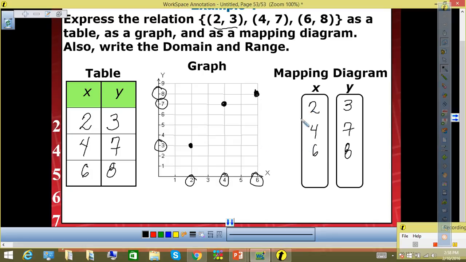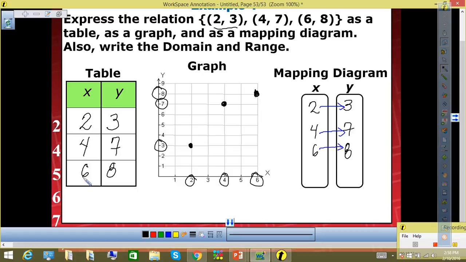Now, what's so different from this one to this one? That with this one, you need to show what belongs to what. The 2 belongs to what? The 3, so you point an arrow to it. The 4 belongs to what? 7, so you point an arrow. The 6 belongs to what? 8.